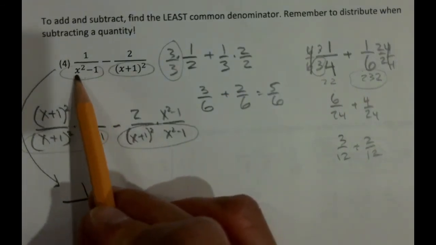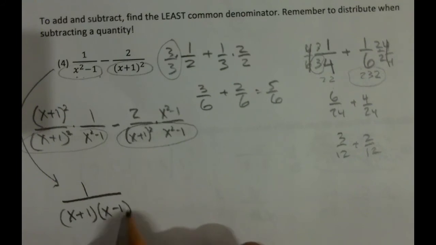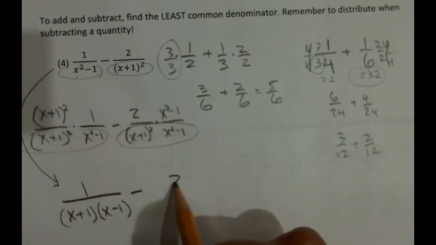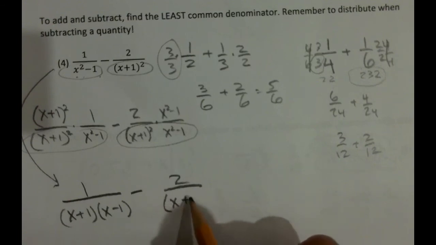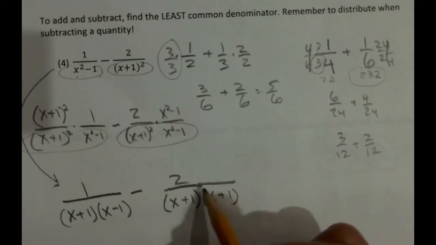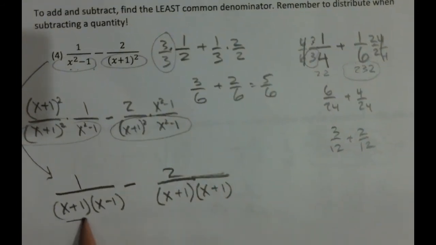This is a difference of squares, x squared and 1. So this is x plus 1 times x minus 1, and that's why it's handy to recognize that. Minus 2 over x plus 1 squared, which I'll write out just to let you see it better. Okay, so I have an x plus 1 in common.